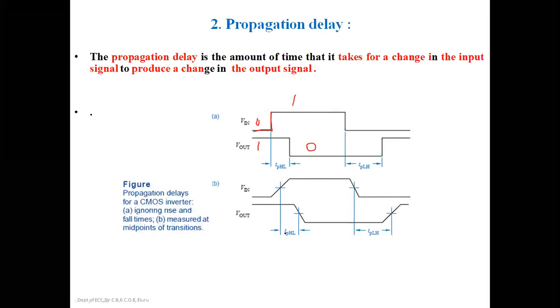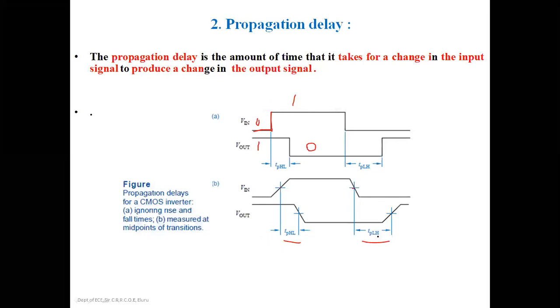The difference between these two gives us the TPHL in the case of the high to low transition, and at the output side, from the 50% of the change in input to the 50% of the change in output, that gives the TPLH. That is the propagation time for the low to high state.